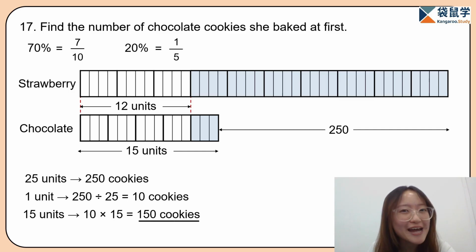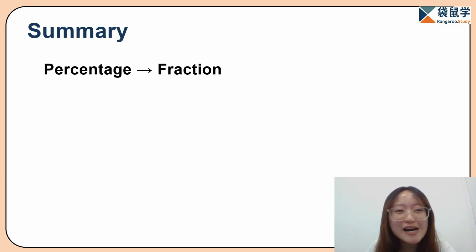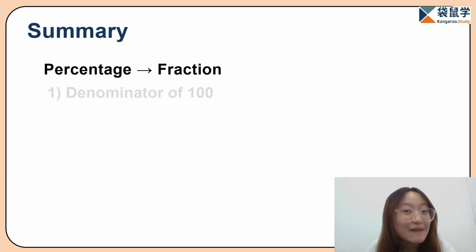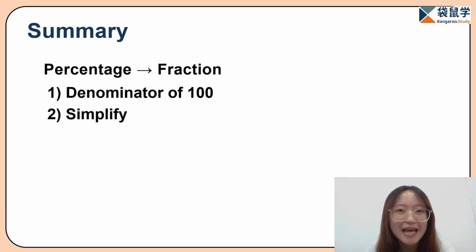So let's summarize this percentage problem so that you will be able to do other similar questions. So first, remember, we were able to convert this percentage problem into a fraction problem. And to convert percentage to fraction, first, the denominator will be 100. And then we can simplify the fraction.